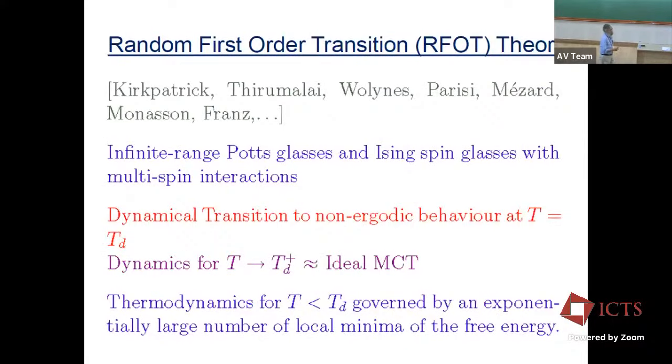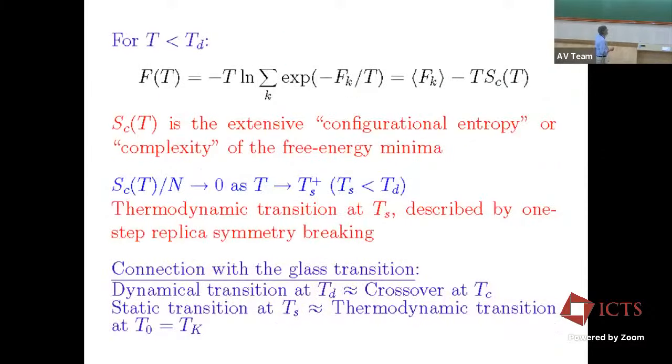In these models, also mean-field models, they show a finite configurational entropy as long as your temperature is less than this dynamical transition temperature. Dynamics I will not talk about because I have not discussed that earlier. And then below this TD, there is another temperature where the configurational entropy seems to go to 0 in these models. And there is a true thermodynamic transition at that point.